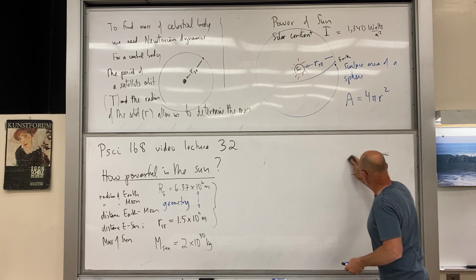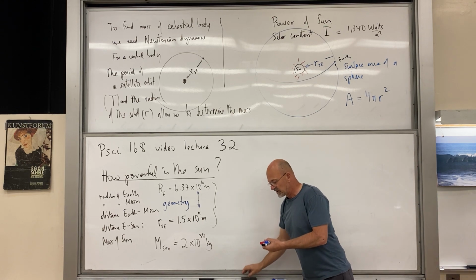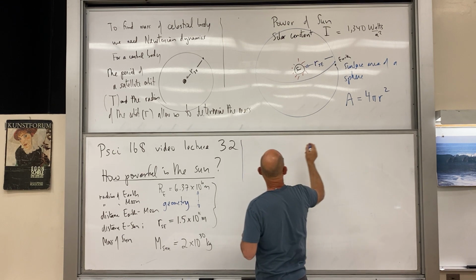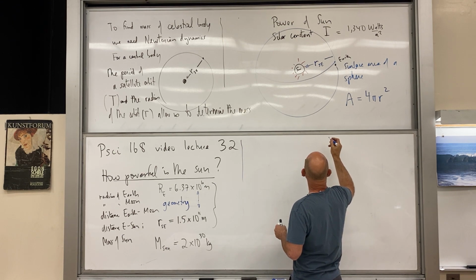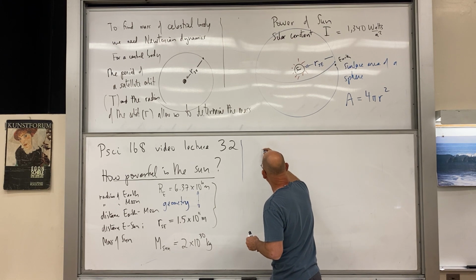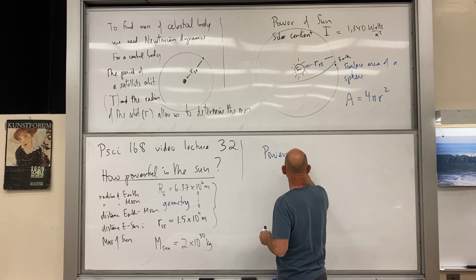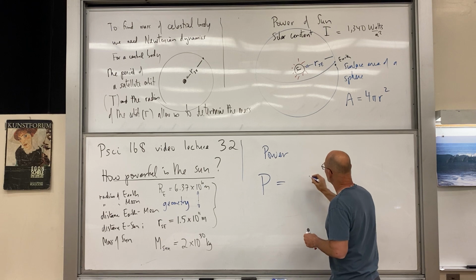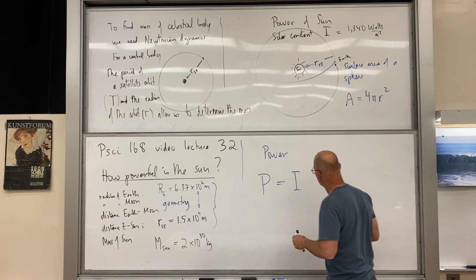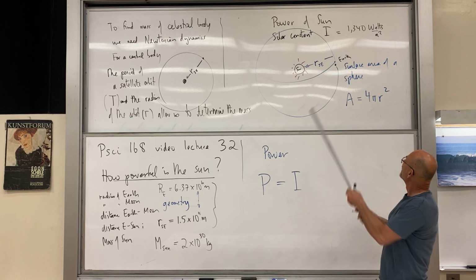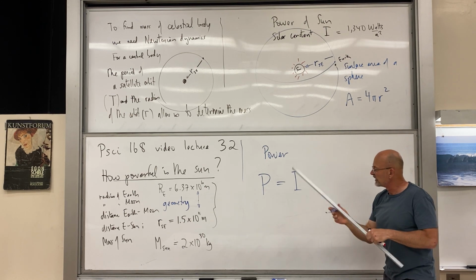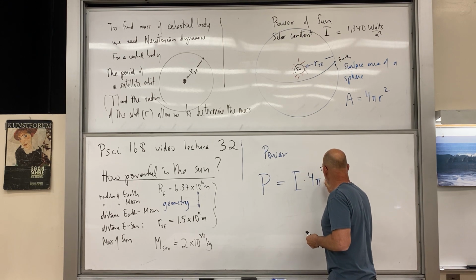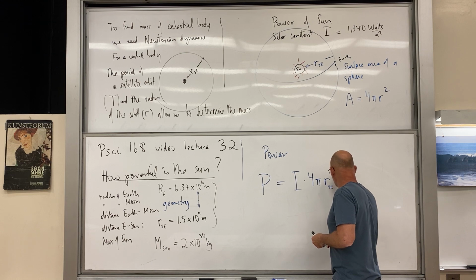So I'll write these things down. You guys should get your calculators out and make sure this is all working. So let's just put this in words. Power, well, let's write it out. P is going to be the solar constant I, which again is in watts per square meter, times this enormous number of square meters, 4 pi distance from the sun to the Earth squared.